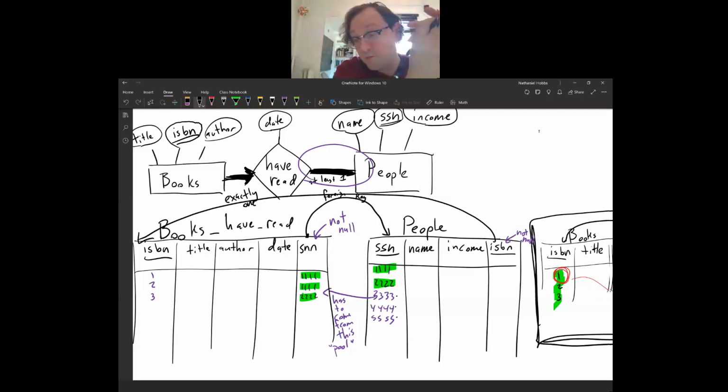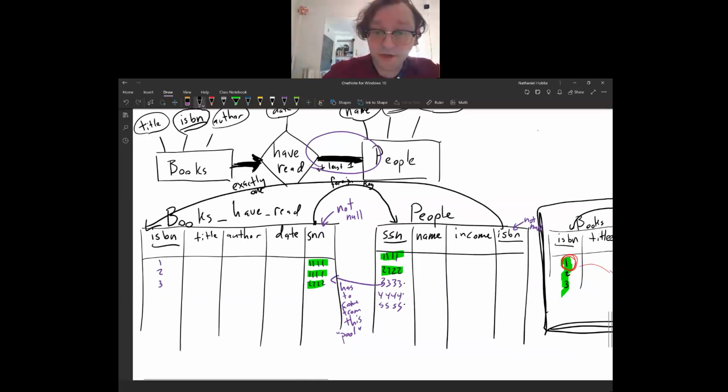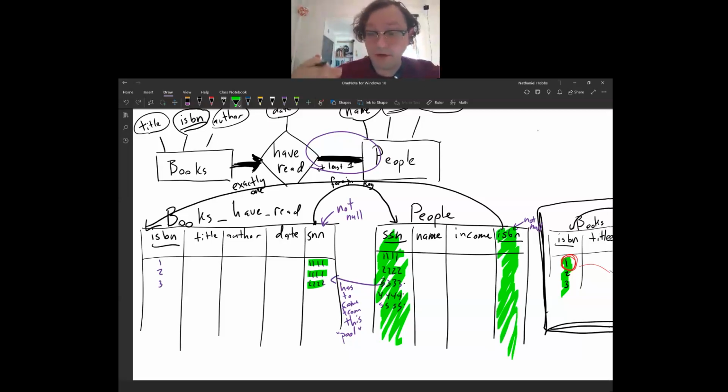Not a composite key, but 2 independent keys, which means that in the social security column, a social security number can appear at most 1 time. Similarly, because I'm also keying on this, any book can appear at most 1 time.